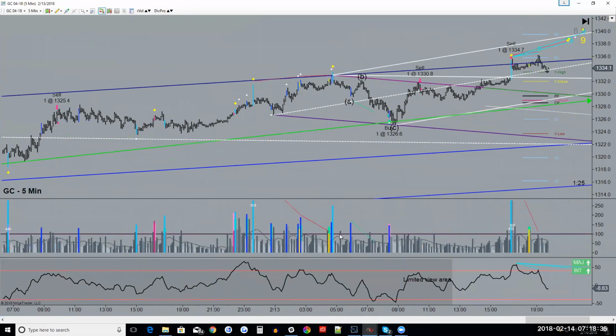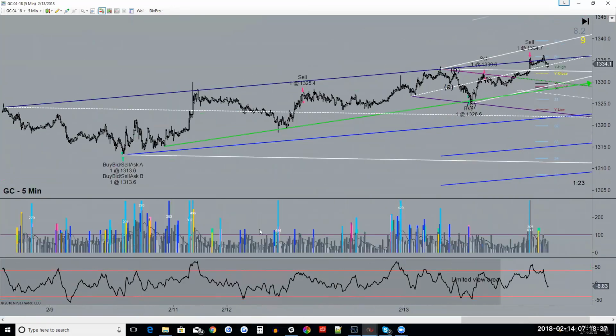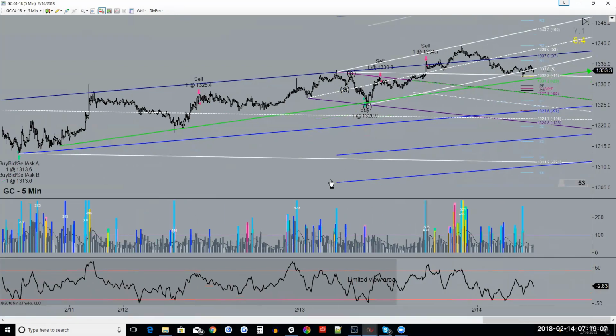So that was a nice one. Yeah, that's perfect. That's a great trade. Let's see. 120 on that one, 118. 210 on that one. And 40 on that one. Quite a few ticks.